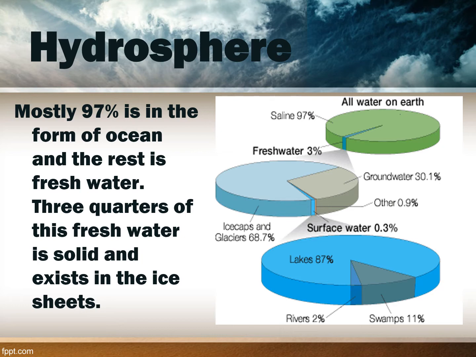Of the surface waters, we have your lakes, rivers, and swamps. And 97% of the water is saline water, usually from the oceans and seas, and we could not utilize this for drinking or to be used in our daily lives.